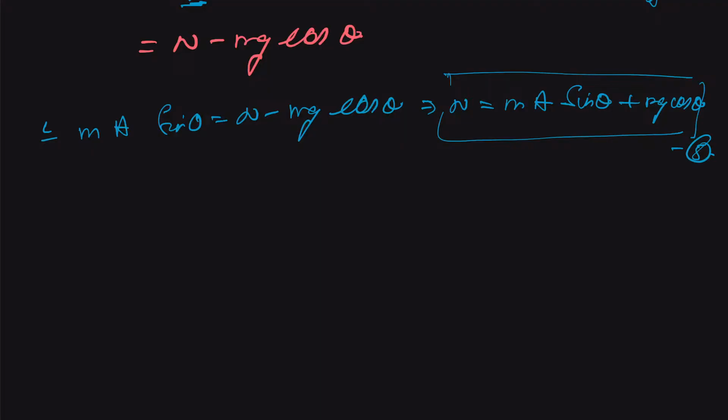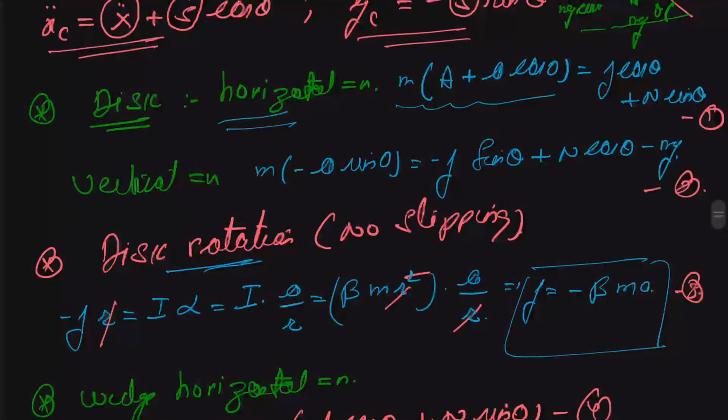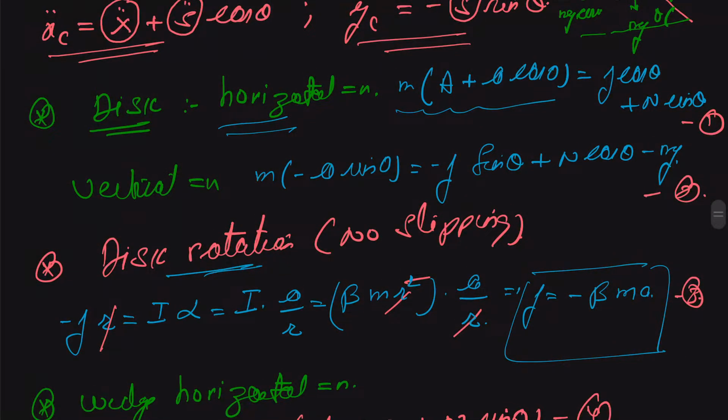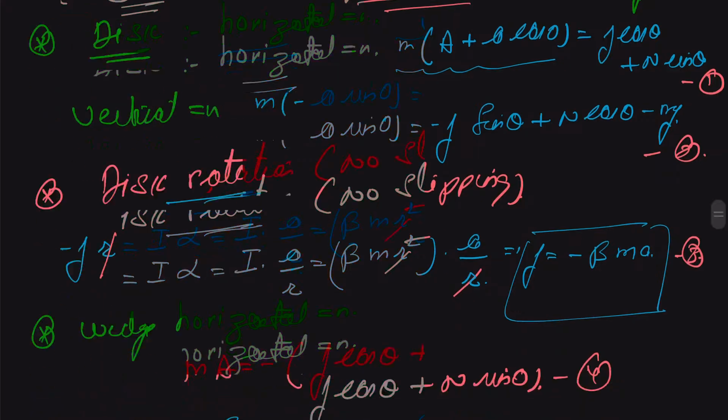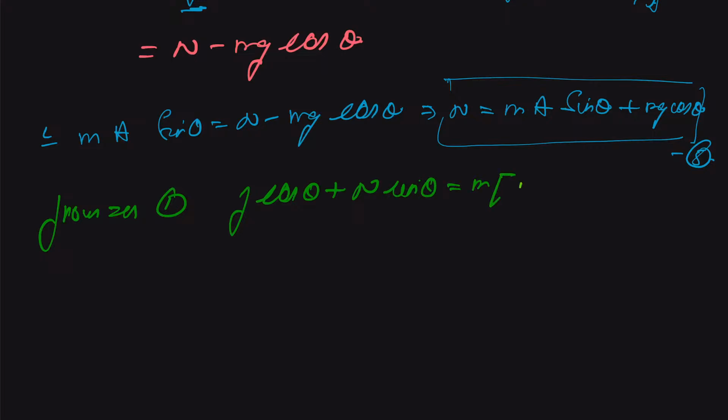And we once again going to use equation number 1, and from equation 1 we can use our f cos of theta and n sine of theta. Okay. So from equation 1, we can write that our f cos of theta plus n sine of theta is equal to over m, and we have this as a plus a cos of theta.